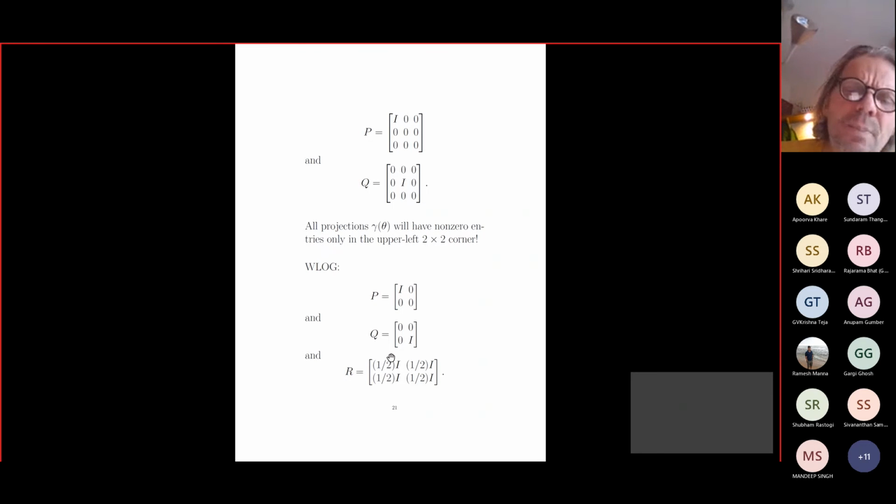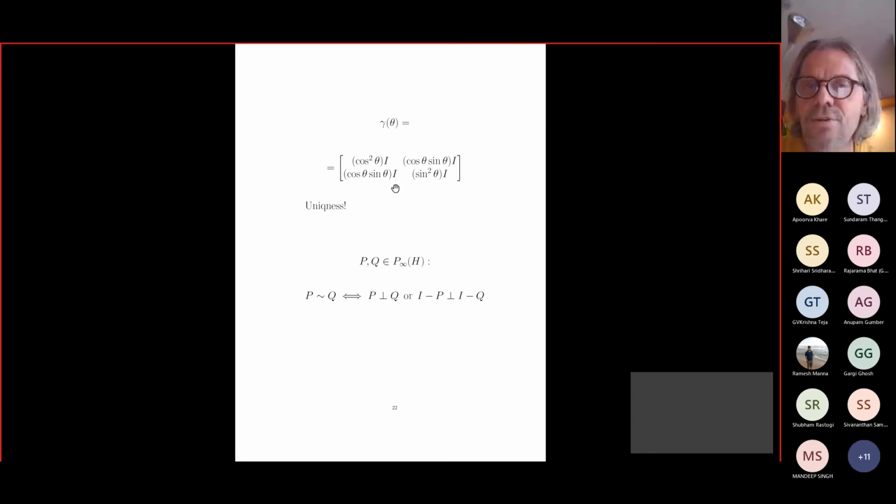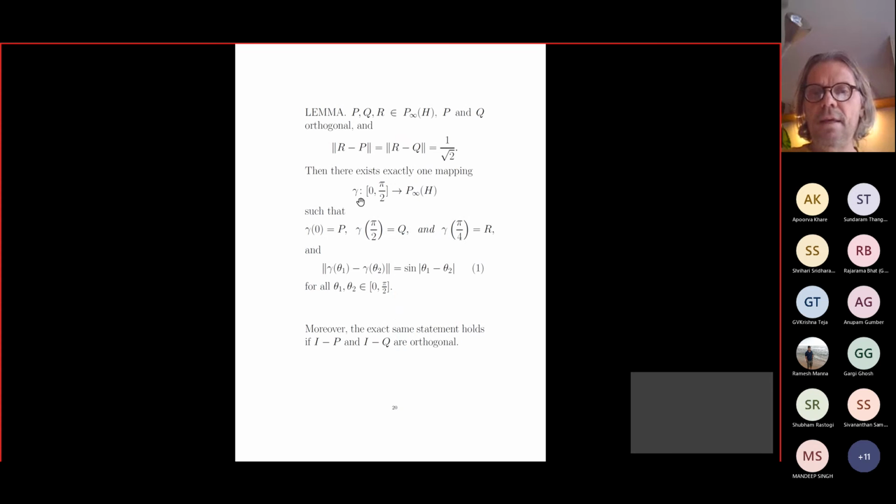And for a midpoint, without loss of generality, after turning around, you can take the usual midpoint between those two projections, 1/2, 1/2, 1/2. And then it is obvious what this path will be, that will start here, go here, end here, and pass through this midpoint R. It's easy to guess what this path is. And this is a unique path having this property.